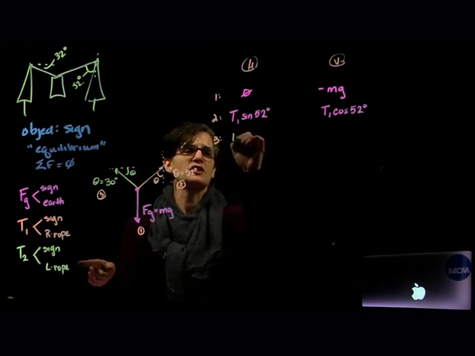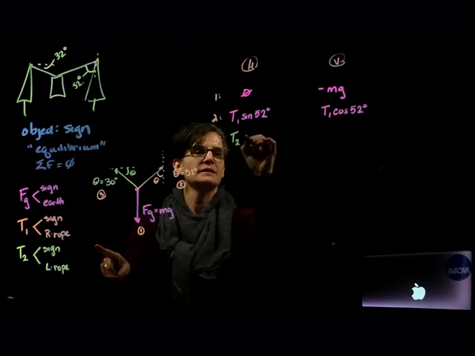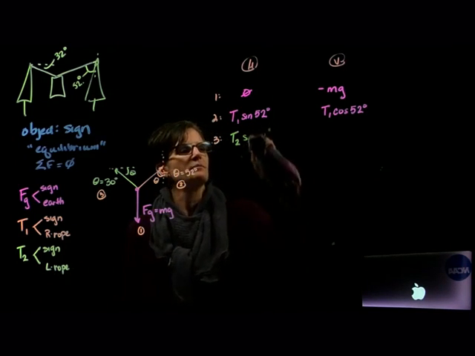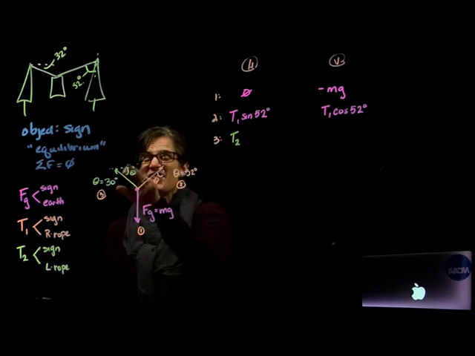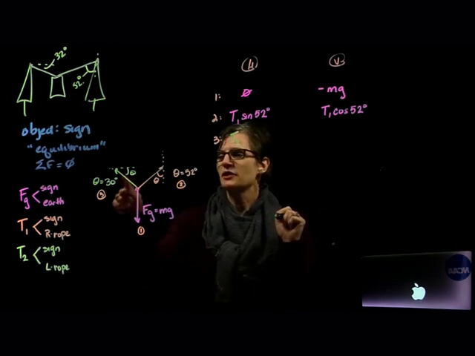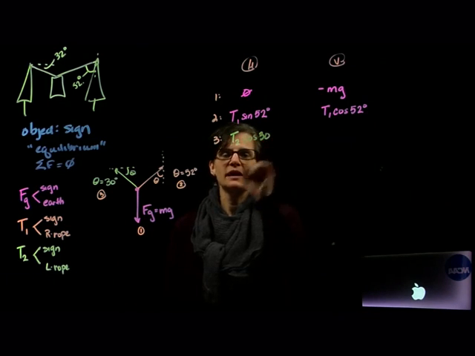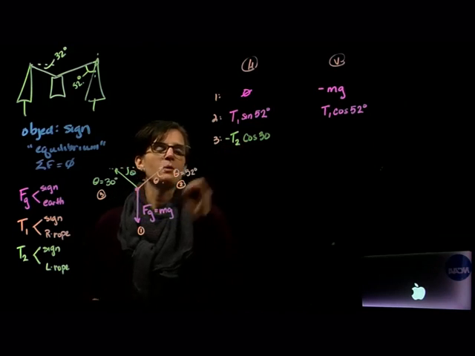So I have the tension of rope 2 times the sine, sorry, not the sine. All right, so this is my angle. That's a 30-degree angle. It's an interior angle, so I got to pay attention to sine. The horizontal is the adjacent side, so that's the cosine of 30 degrees. But I know my horizontal component is pointing to the left.